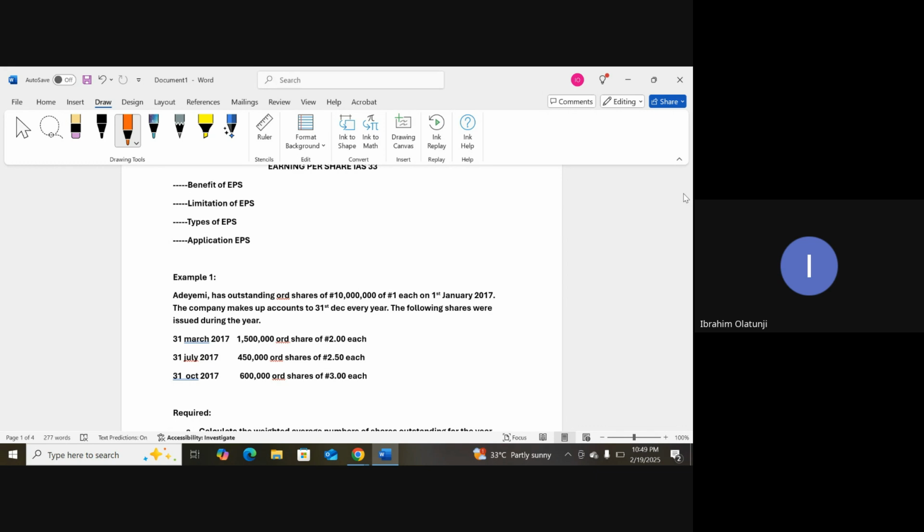EPS is not. We also said EPS can be misleading if the impact of inflation is not considered. When preparing your financial statements without considering inflation, EPS can mislead you.